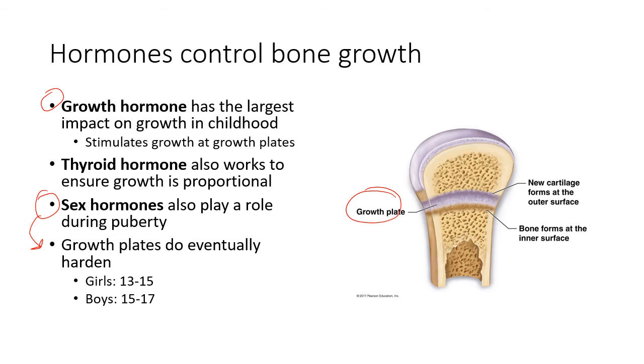This difference in time also helps to explain a little bit why boys tend to be taller than girls, but there are a lot of different factors, including your genetics, that regulate your height. So it's not all just about those hormones, but hormones in general play the biggest role in regulating our growth during childhood and puberty.